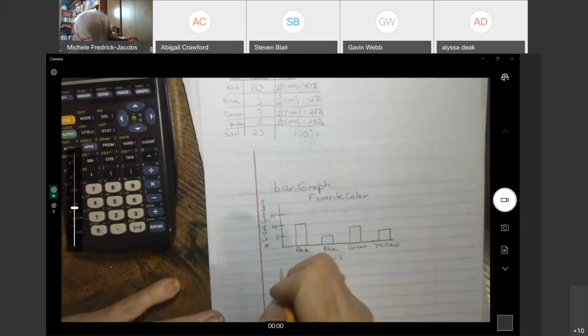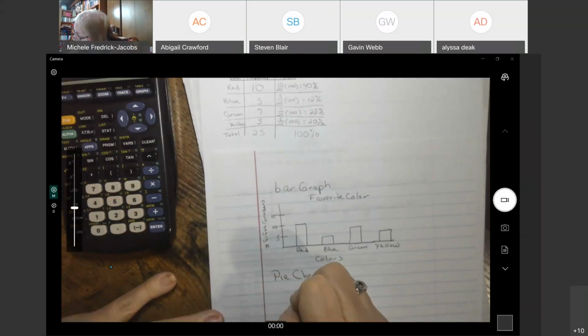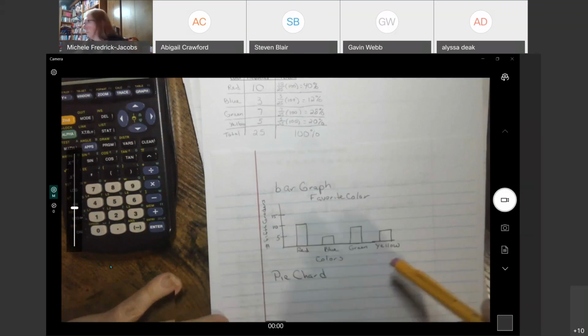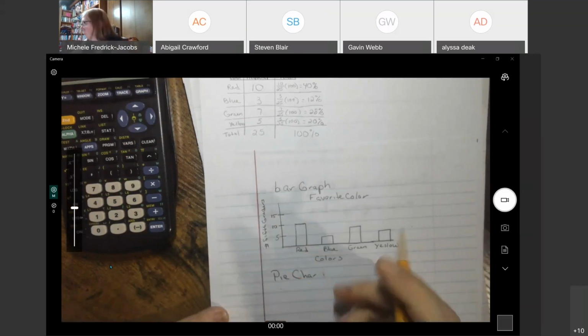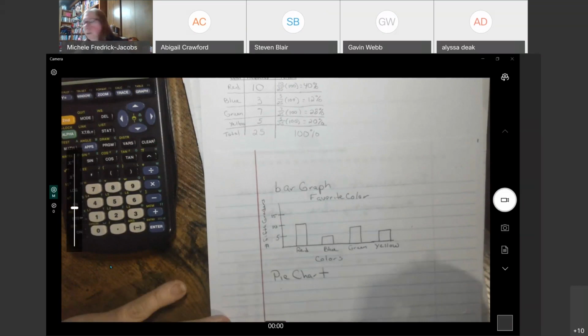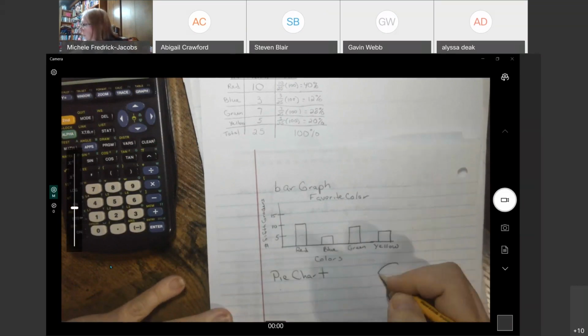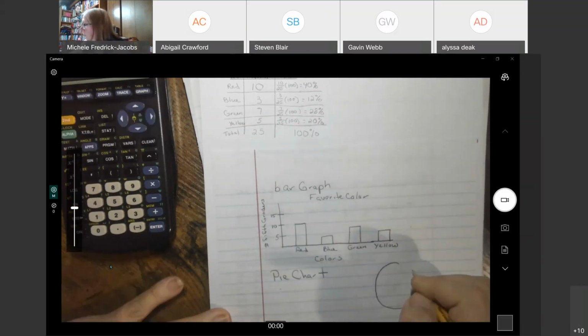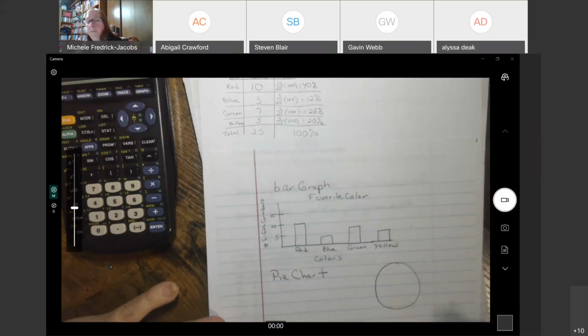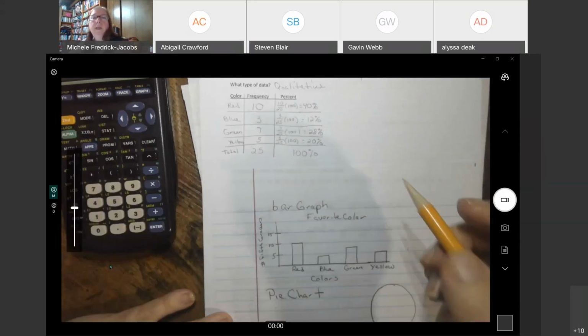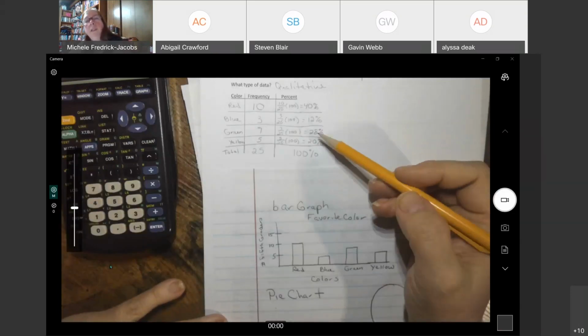Pie chart. A pie chart puts the percent in a circle, like a pie. Now, I'm not too worried if they're not exact, but we have a 40, a 12, a 28, and a 20.